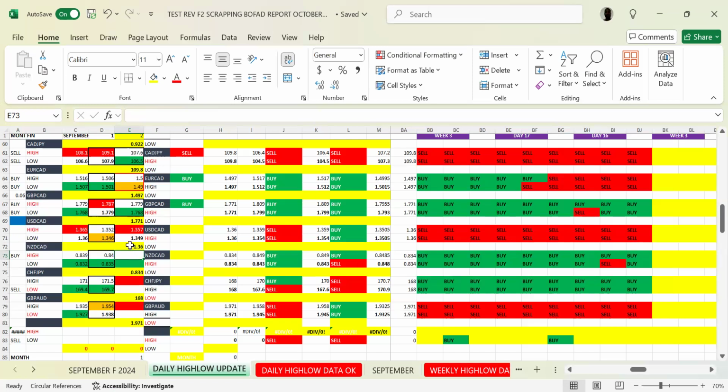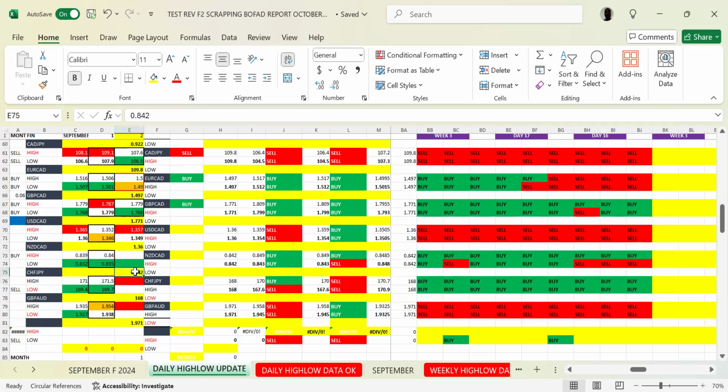New Zealand card, we have three moves: 0.842, 0.862, and 0.834. At 0.842, you can see it is more of a buy, but now planning for a sell.